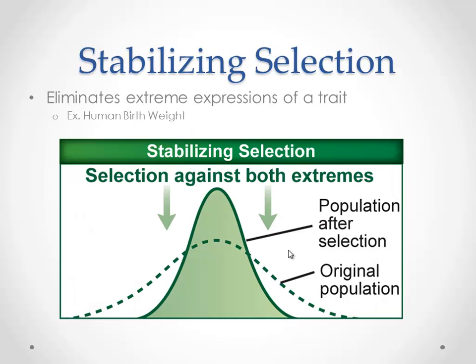Stabilizing selection is where the extreme expressions are eliminated. So we see a stabilizing selection right there in the middle, that the average is the best. An example of this is human birth weight. Babies that are born with a very low birth weight, or babies that are born with a very high birth weight have a decreased chance of survival.